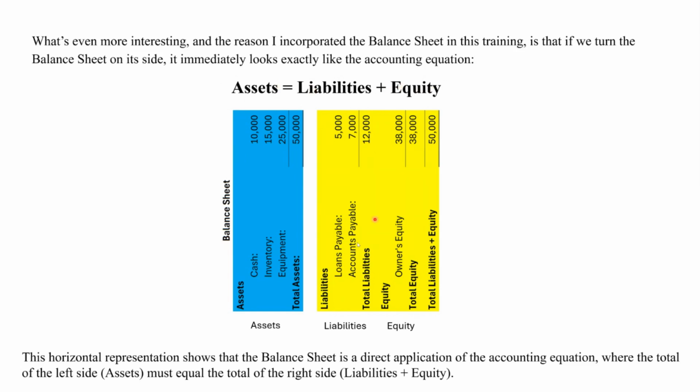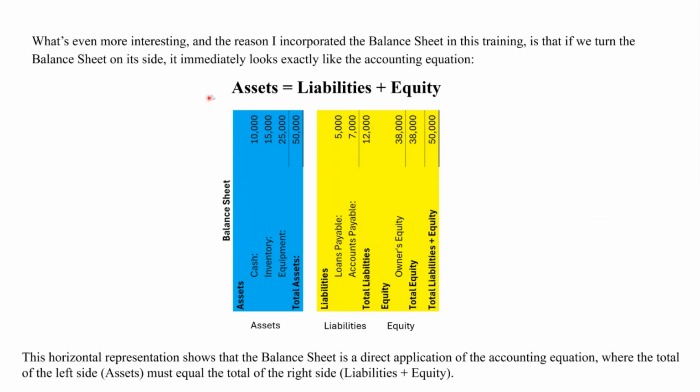So it's now easy to understand: this is all my liabilities, and that's my part. If I take my liabilities and deduct them from assets, this is going to be my equity.